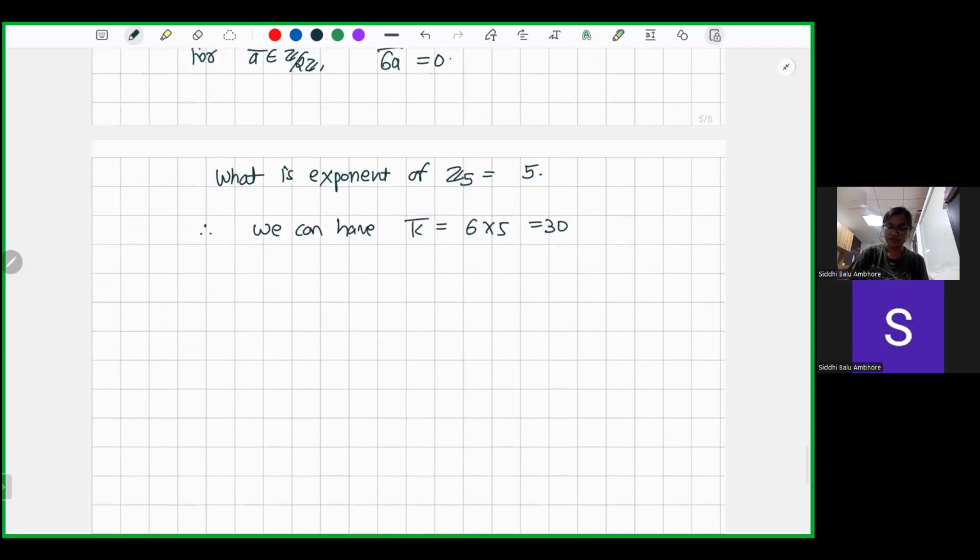So 30 times (a bar, b bar, c bar) will be 0, 0, 0.